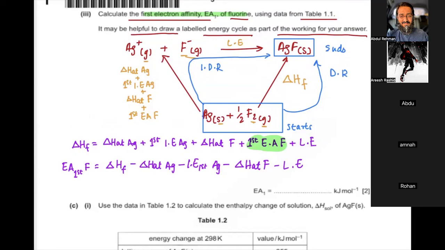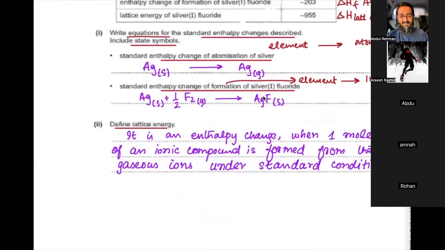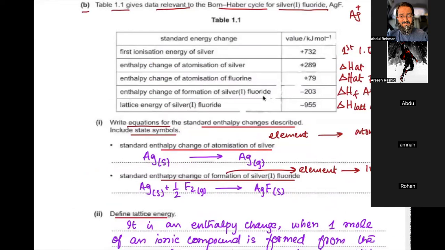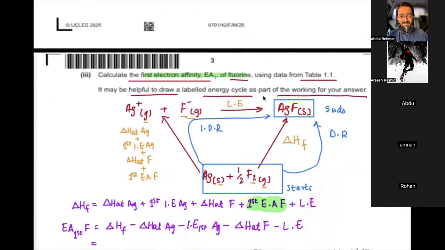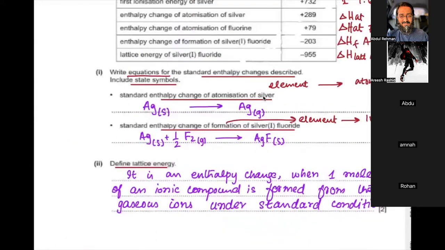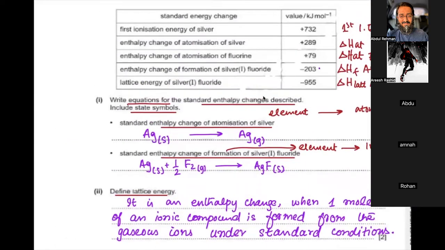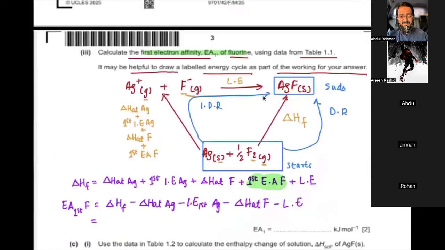Okay. So now we are going to take the expression values, and we are getting 1 mole. So no need to multiply any of the values by 2 or 3 because everything is 1 mole. So what we need: we need the formation, so the formation is minus 203.